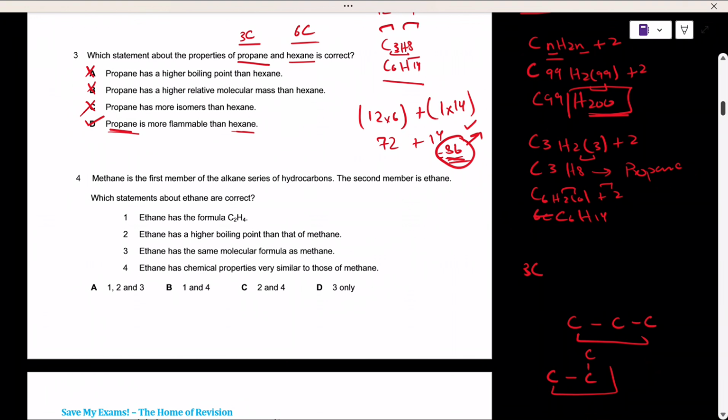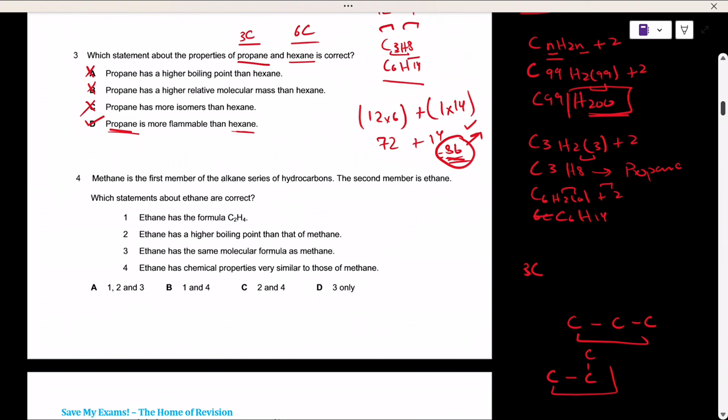Volatility means, if I keep any liquid outside, what is the tendency that it evaporates? Now propane has a very high volatility, so propane will evaporate faster than hexane.